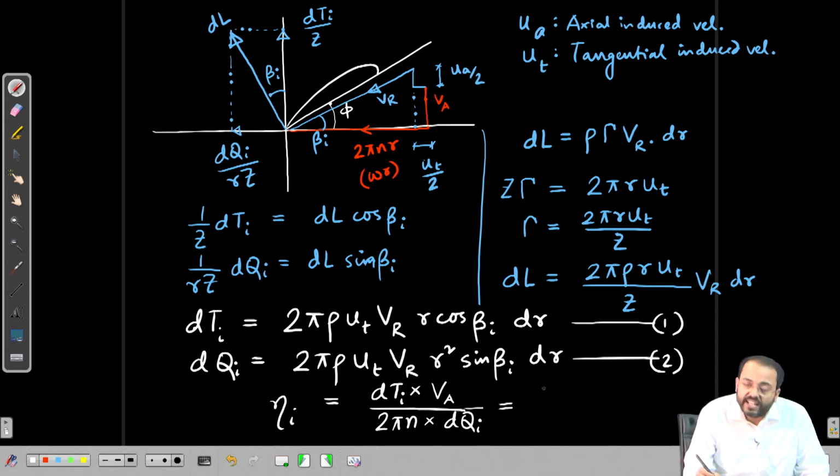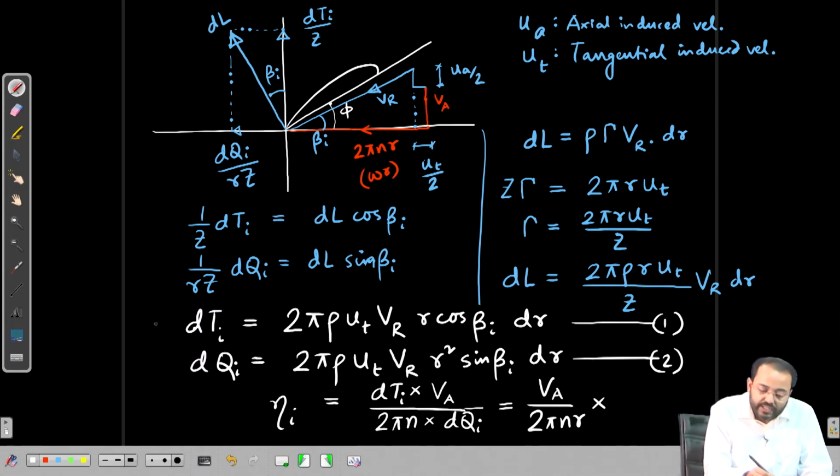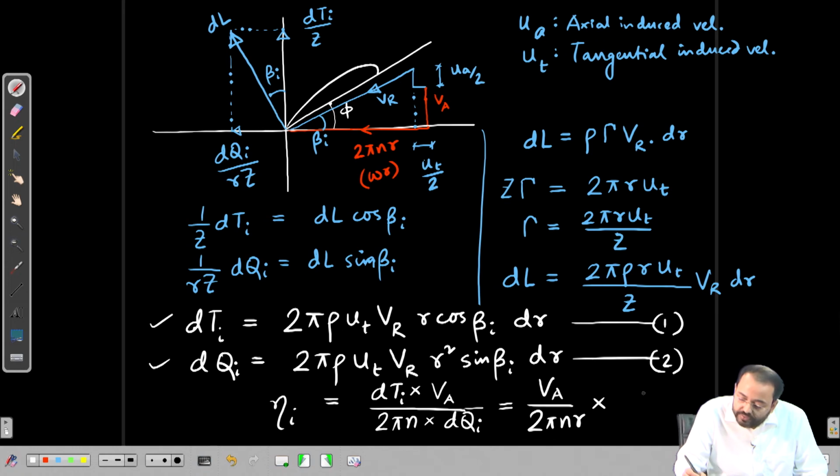So, we can write it as Va by 2 pi n r into dTi by dQi. We will only have cos beta i by sin beta i, and r we have taken here.